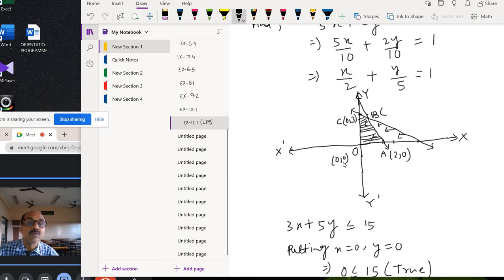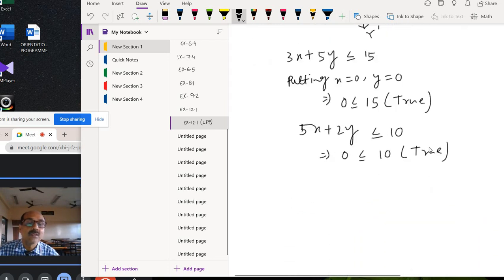Now we have to find point B, the intersection of these two lines.